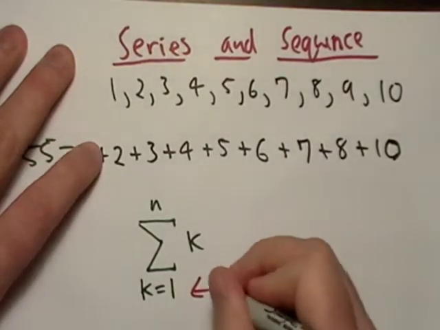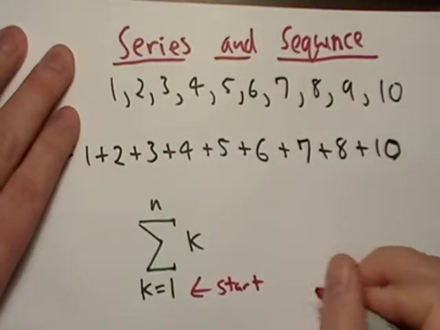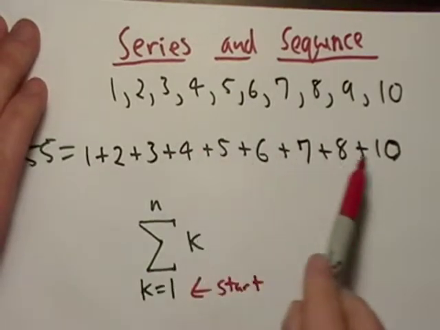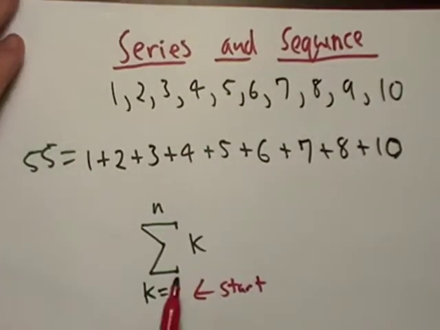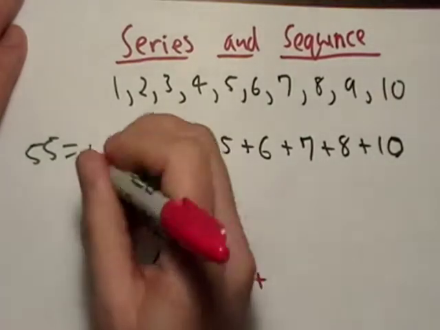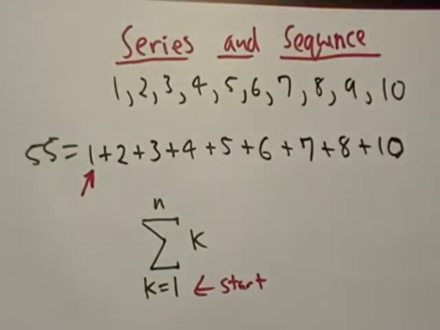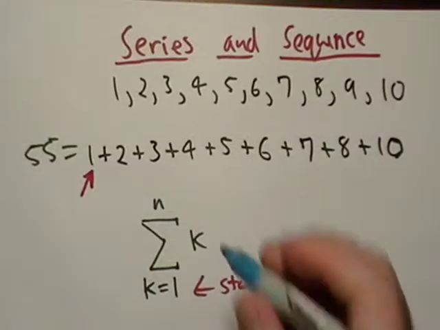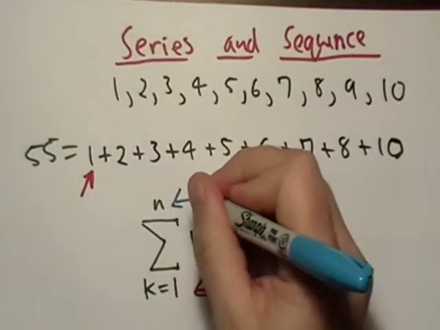Basically, this bottom part just means start here, and I'm referring to this series of numbers. So this bottom part's going to tell you where to start. The next number that's up top is going to tell you where to end.